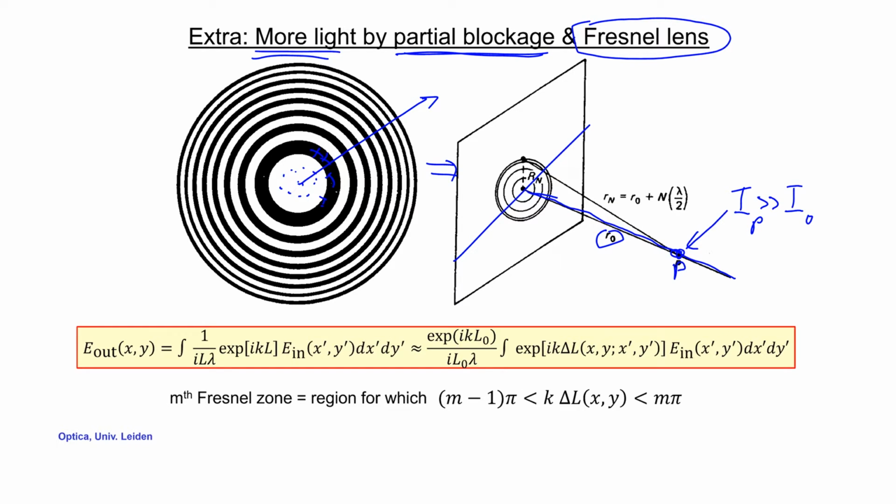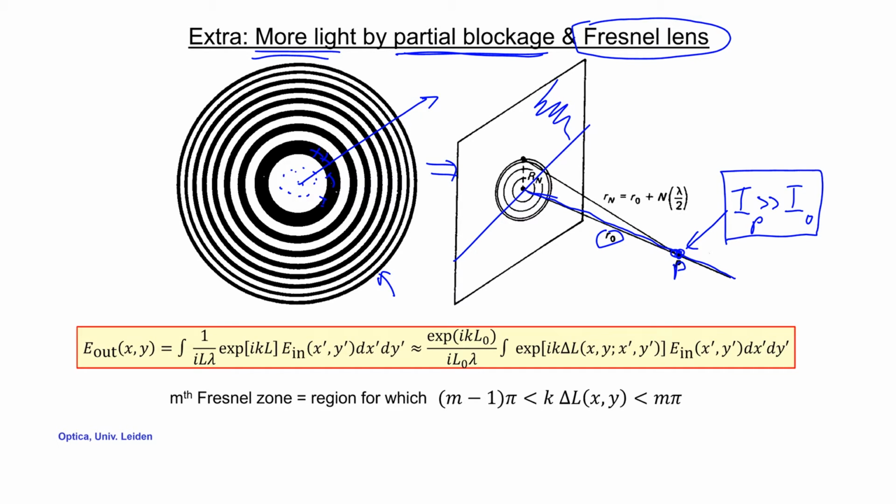So by blocking part of the light with the screen, you can boost the intensity at a specific point. This screen with the rings acts somewhat like a lens, hence the word Fresnel lens.